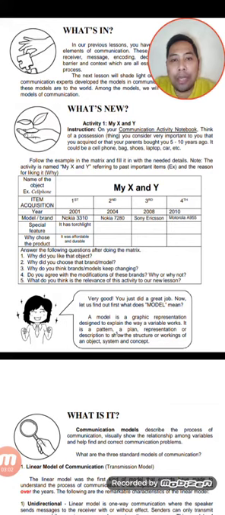And it could be a cell phone, bag, shoes, laptop, car, or any important thing. Follow the example in the matrix and fill it with the needed details. Note that the activity is named My X and Y, referring to past important items such as your X and the reason for liking it.